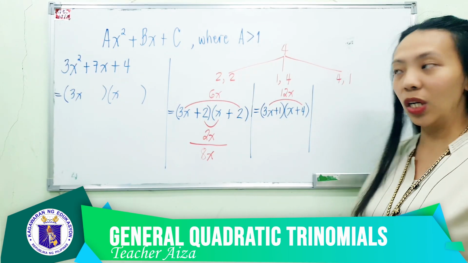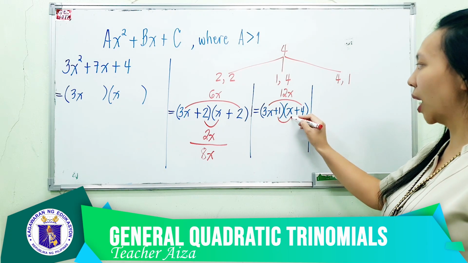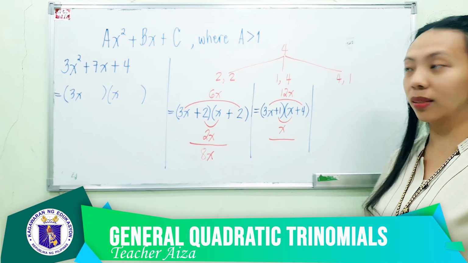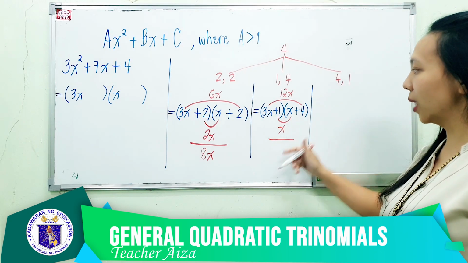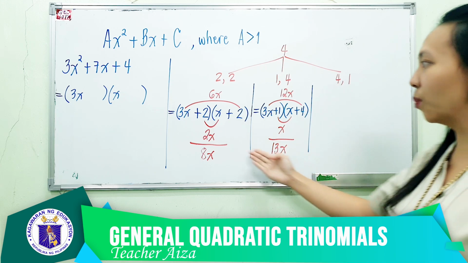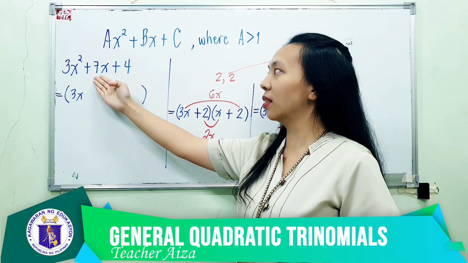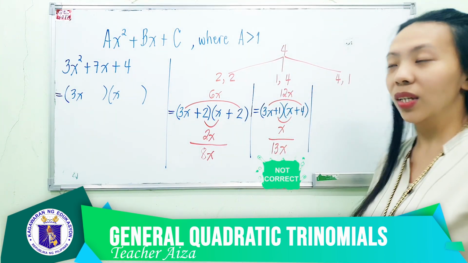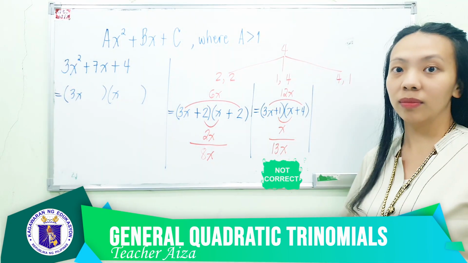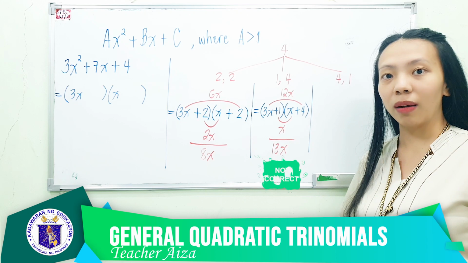Next, the inner terms. 1 times x is x. And then add the products. 12x plus x is equal to 13x. Is the middle term of the given polynomial 13x? No, it is not. Therefore, this is not the correct combination. Let's proceed to the last pair.